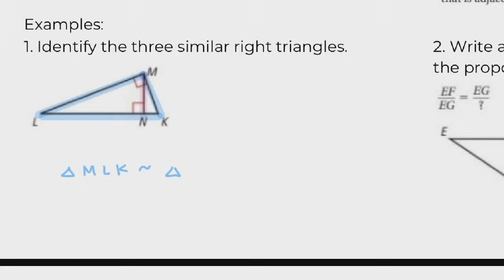So we have this one here, which would be NLM, and the last one, which is this one here, and this would be NMK. So all three of those are similar.